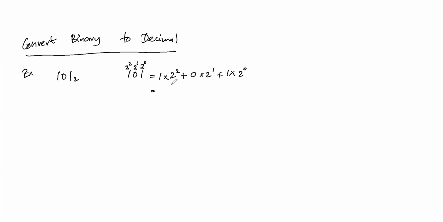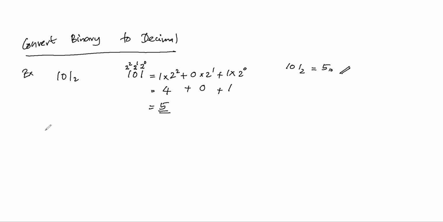So 1 into 2 to the power 2 means 4, plus 0, plus 1 into 1, which is 1. So this is 5. So 101 binary is equal to 5 in decimal. This is how we convert binary into decimal.